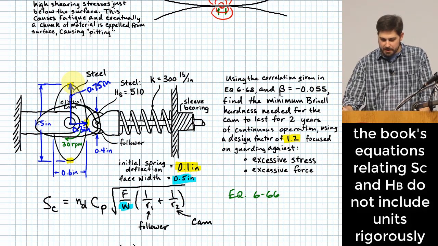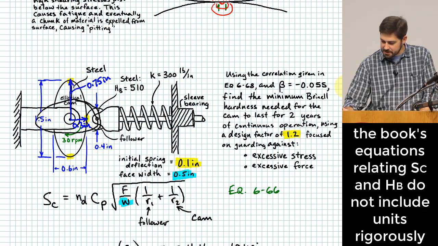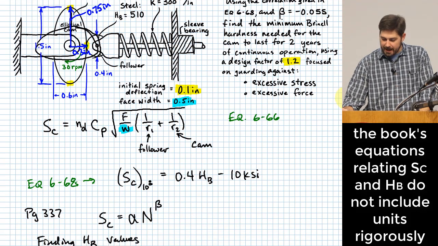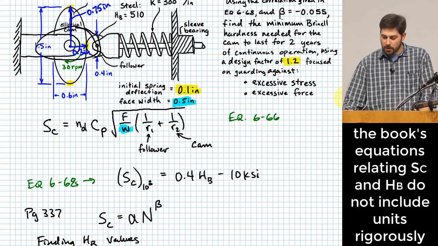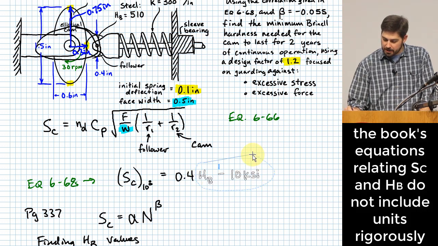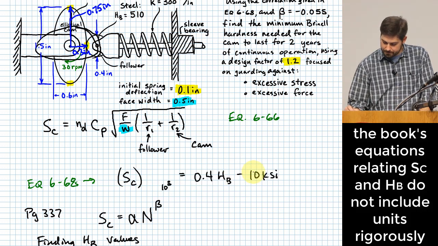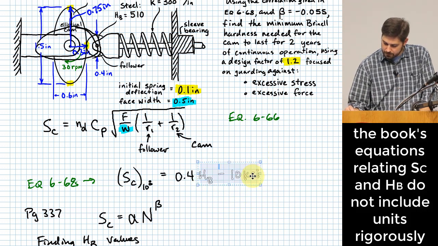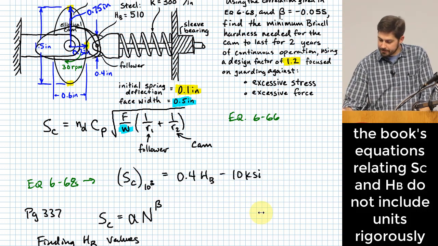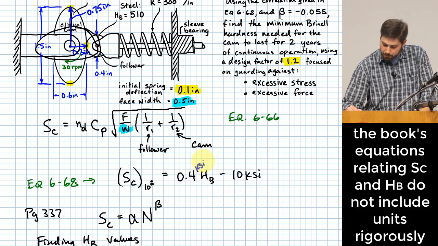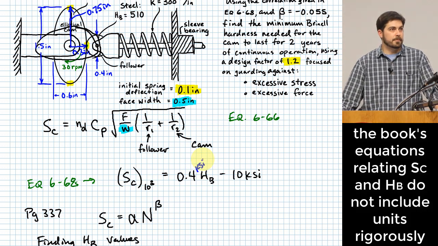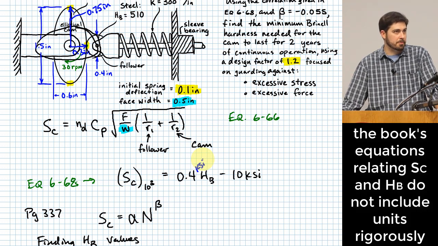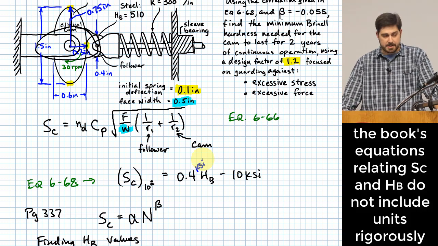It is a unitless quantity, which means that their equation there doesn't necessarily make a lot of sense. If you really wanted to do this equation well, you would actually put in a unit of KSI for your 0.4. There's an implied unit there that is not actually given in the text, but the presumption is that you're talking about units in KSI.